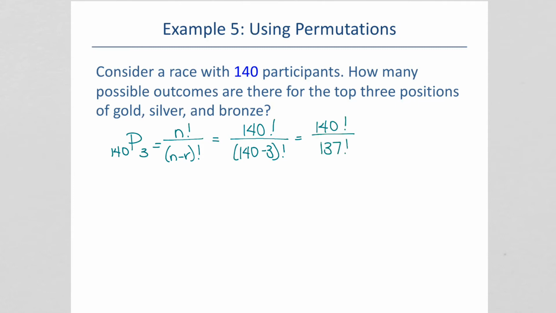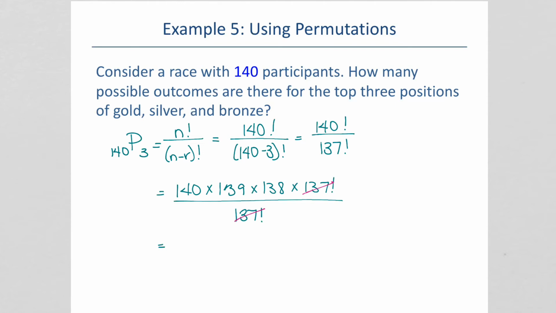We end up with 137 factorial on the bottom. And I'm stopping at 137 because I know that they will cancel out.